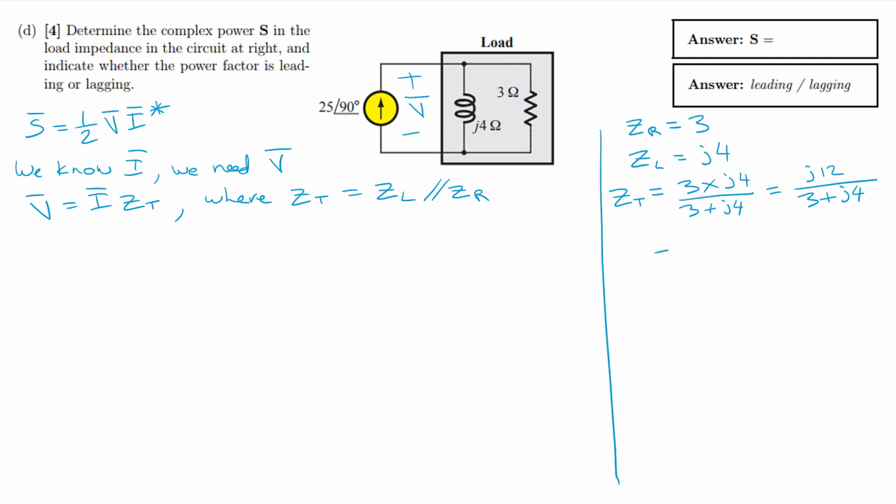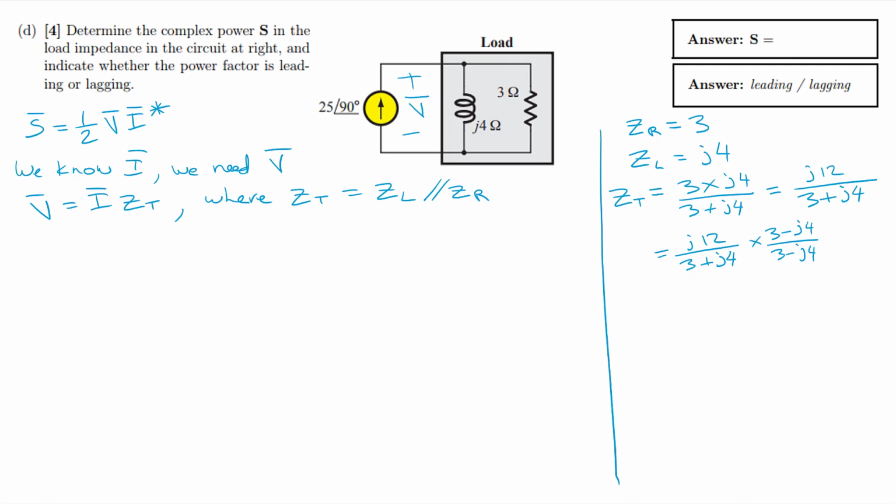How we do that is by taking this number, j12 divided by 3 plus j4, and multiplying by the complex conjugate of the denominator. So it's going to be 3 minus j4 divided by 3 minus j4.